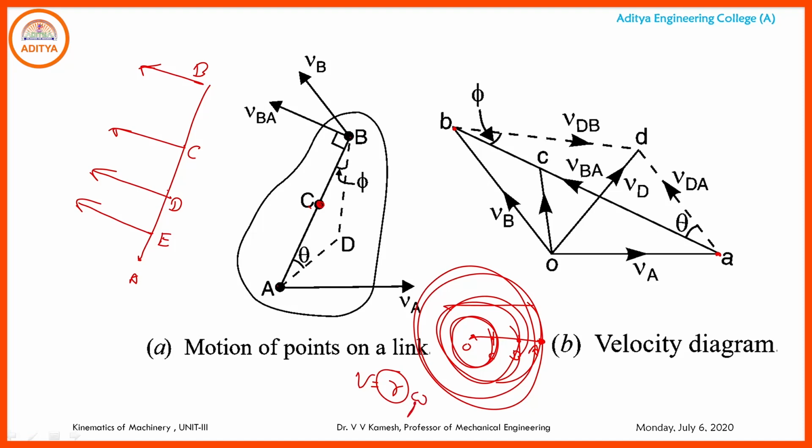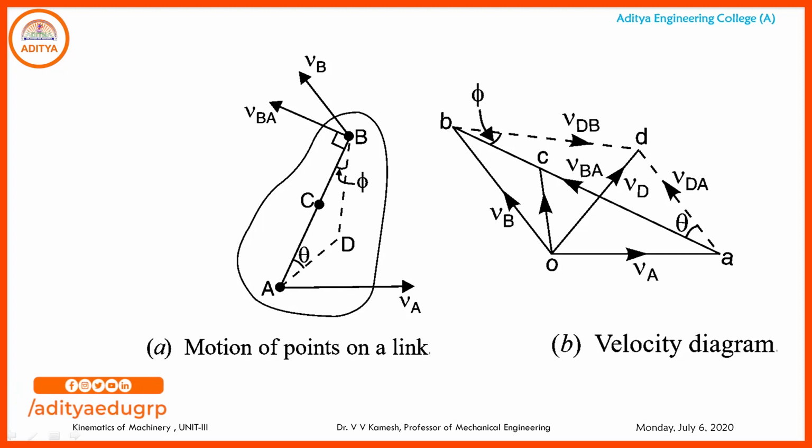Omega is constant, and R means the particular length, OA or OB or OC, anything. So all the required lengths of the intermediate points are parallel to each other, and they get locations exactly as per their composition on the link, and the same appears on the velocity diagram, because omega is constant. The velocity diagram and the link lengths are 100% proportionate. So this proportionality comes onto the diagram like this.